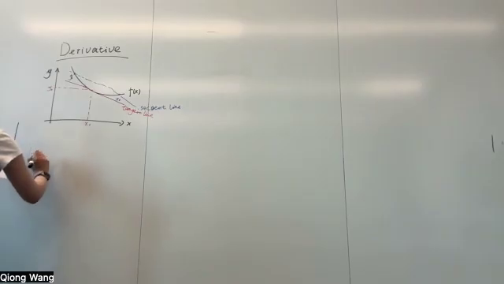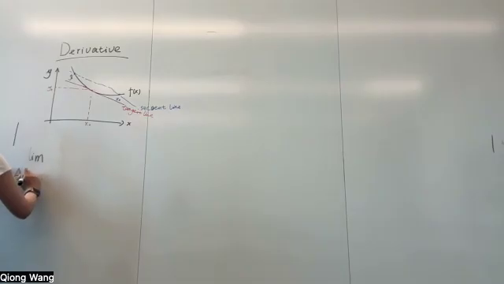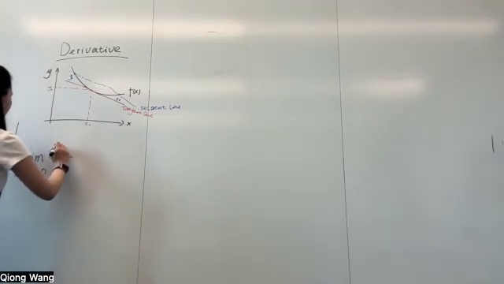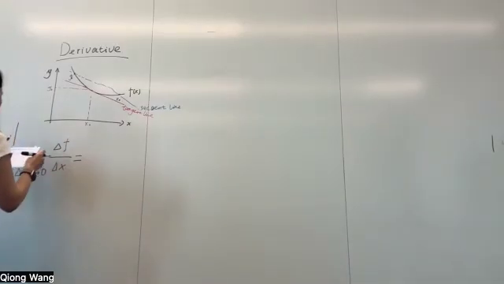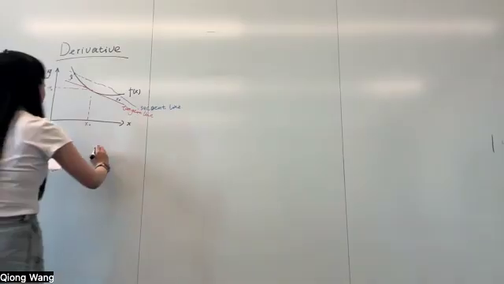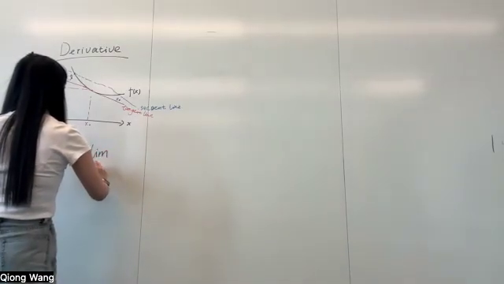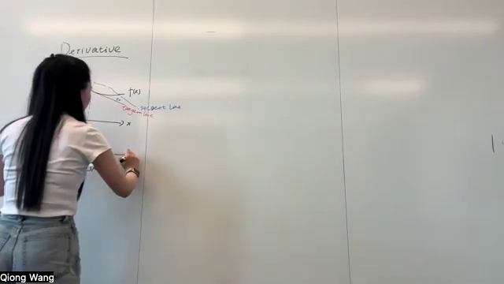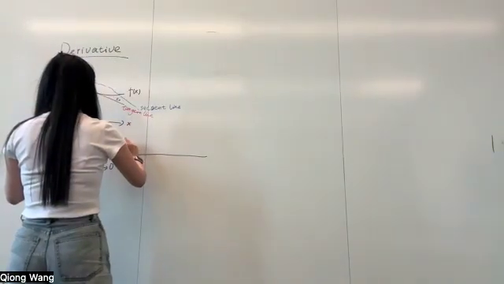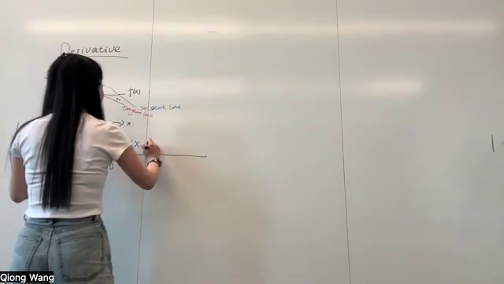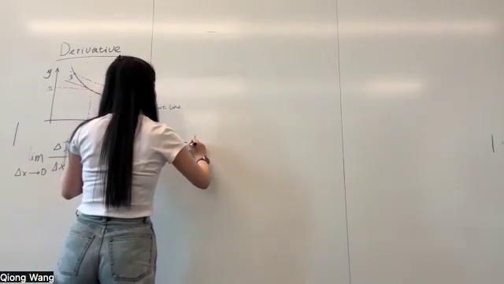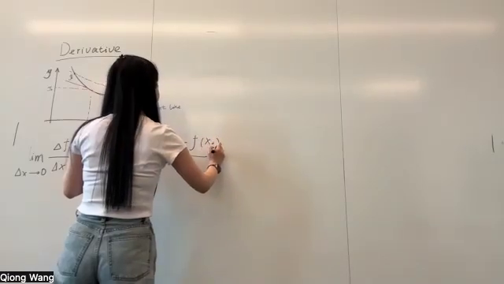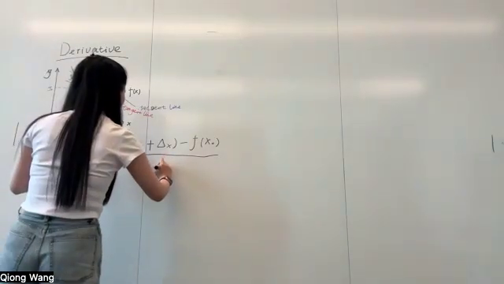That means the limit as delta x goes to 0 of delta f over delta x equals the limit as delta x goes to 0 of f of x0 plus delta x minus f of x0, over delta x.